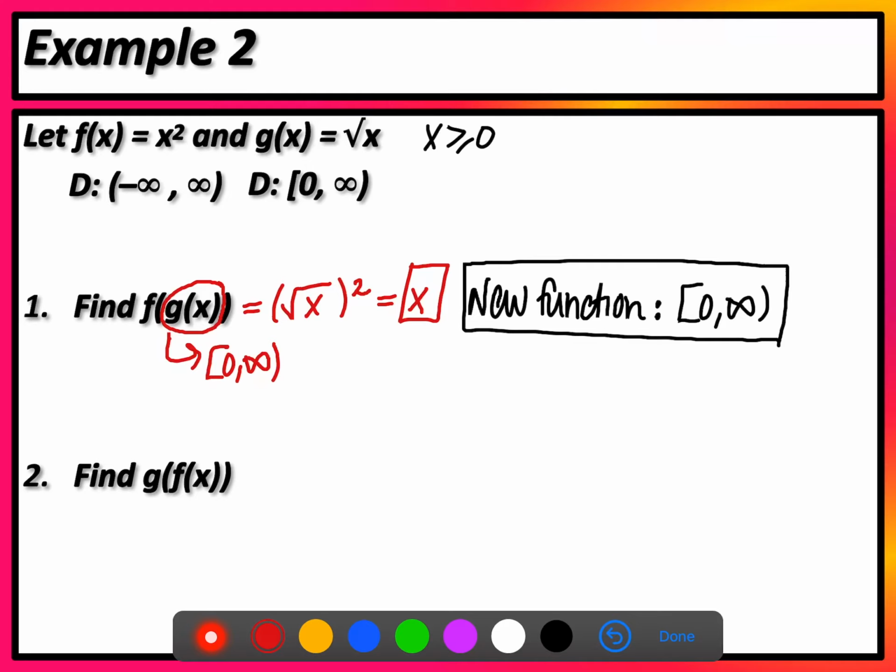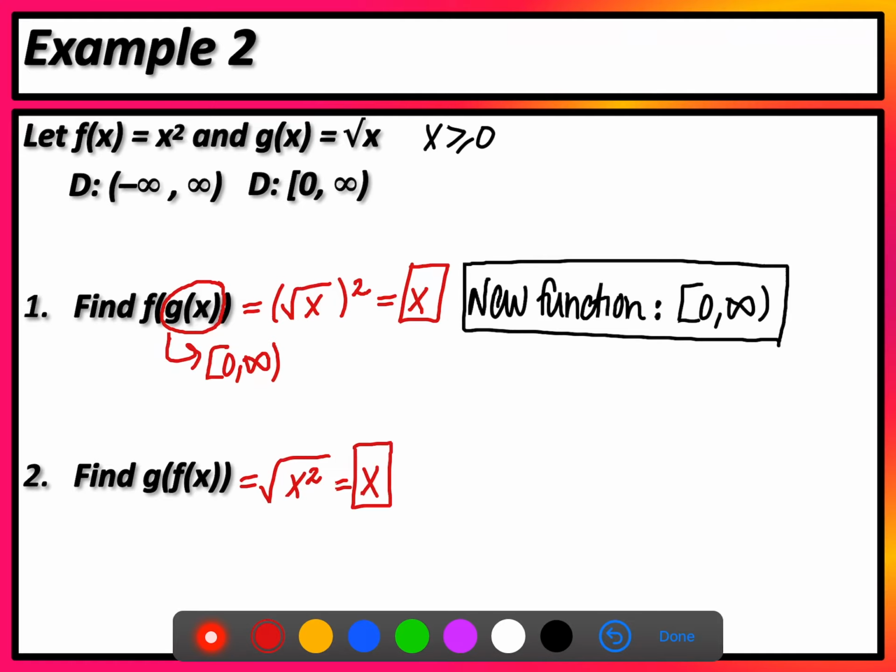Okay, for g of f of x, we're now going to plug the quadratic into the square root. Okay, so this is the same situation where the square root and the squared cancel. So the new function is x.